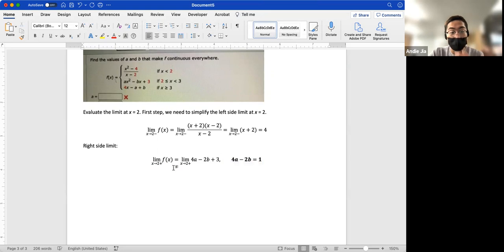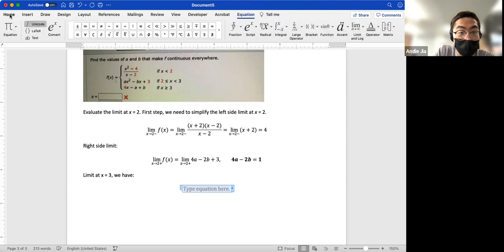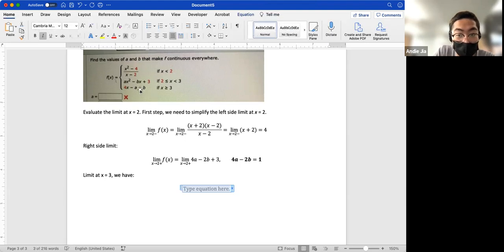We're using the limit at x equal to 3. I think this is going to be a right side limit.